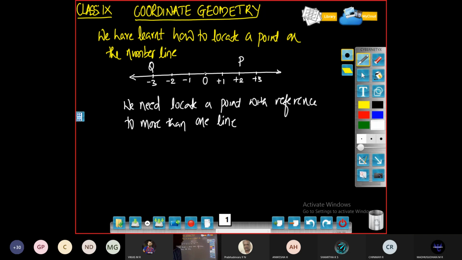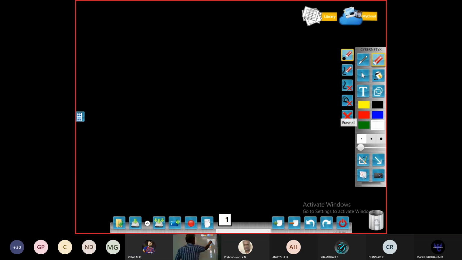Let us understand by drawing the diagram. If it is over, then I will remove this one. You have noted this, no? Yes, sir. Next, I will remove this one. Okay, I'm going to draw some street here.